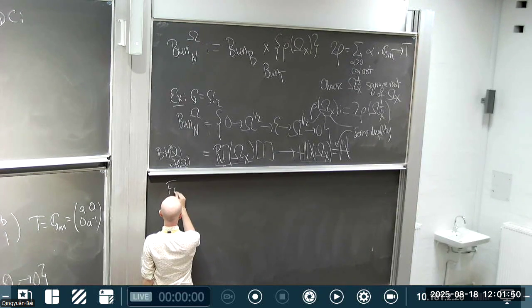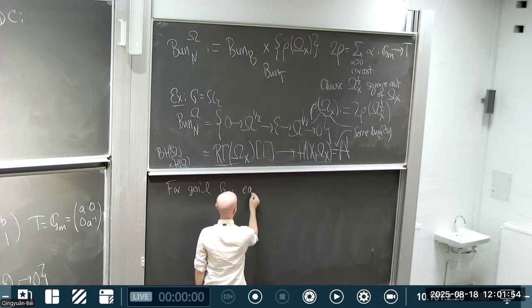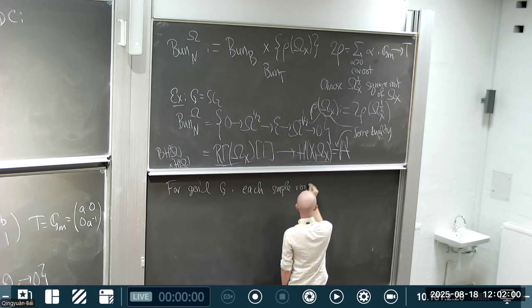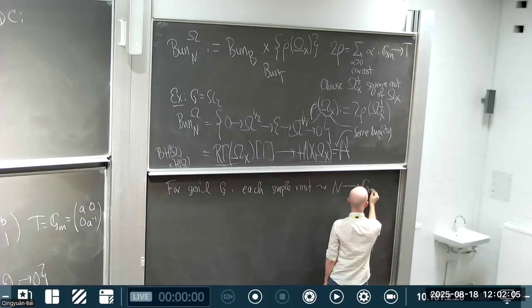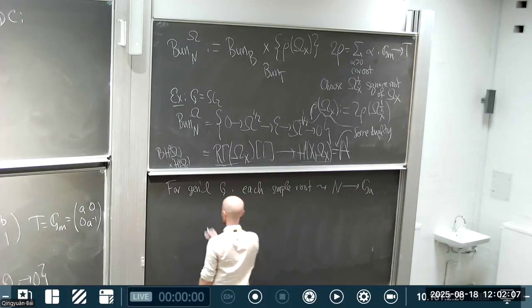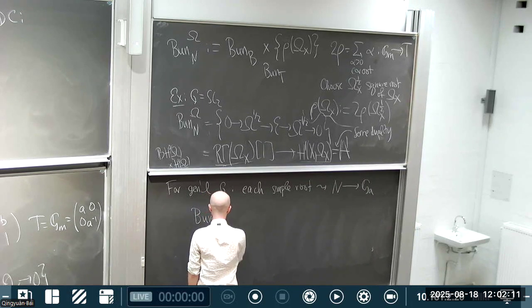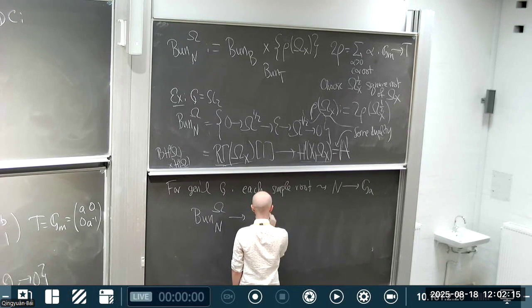For general G, each simple root gives rise to a map from N into Ga, and therefore it gives rise to a map from Bun N with this omega twist to Bun Ga with an omega twist.